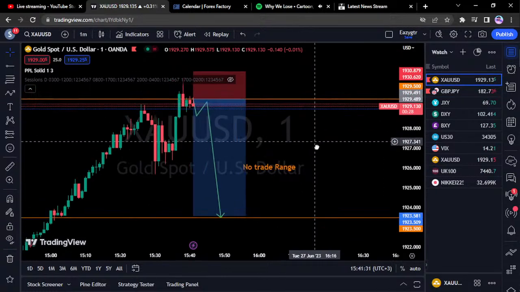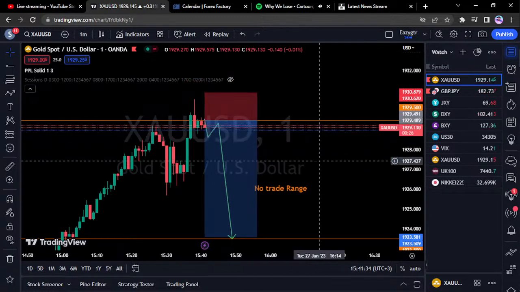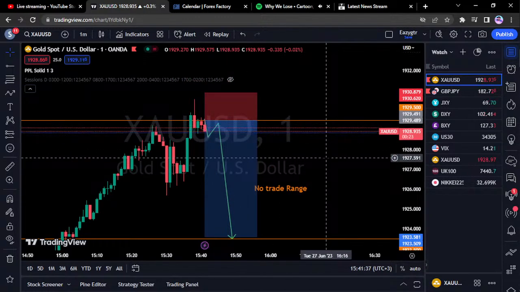Back to gold. So gold, we are still not closing above 1929.500, so our sells are still valid.